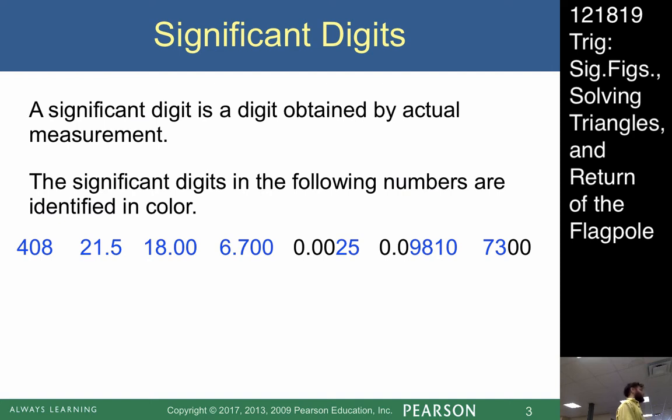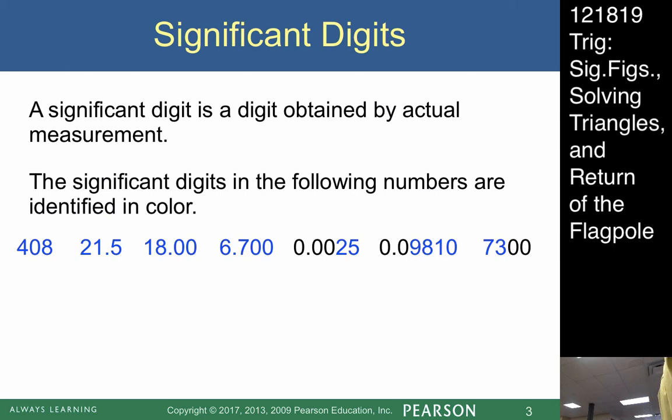Wait, so why isn't it important, the 7,300? The thing is, you don't actually know. So if it was 7,300. then there would be 5 sig figs.